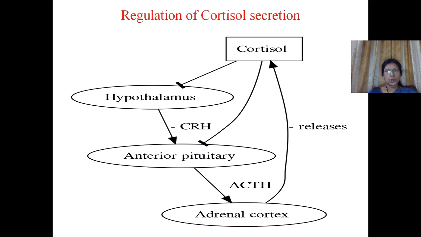Cortisol also shows a negative feedback effect on the hypothalamus. When the blood glucose level increases, cortisol inhibits the release of corticotropic releasing hormone from the hypothalamus and thereby inhibits the release of ACTH from the anterior pituitary gland.